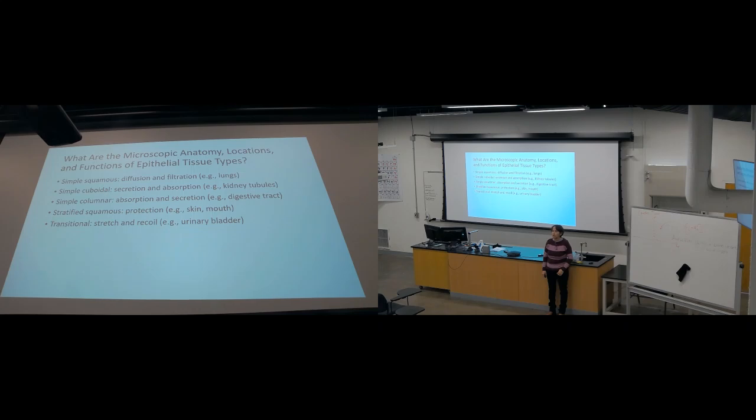So areas where you have to have rapid diffusion, that's where you have simple squamous epithelium. Crazy idea: you're going to go on a date. You like the person so much, and you have a good perfume.